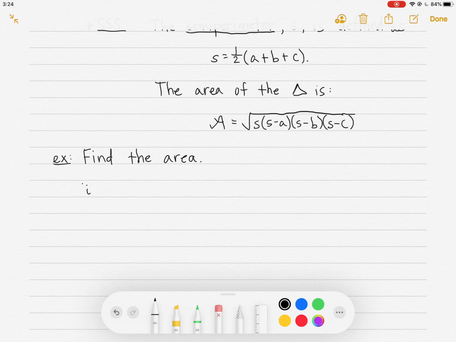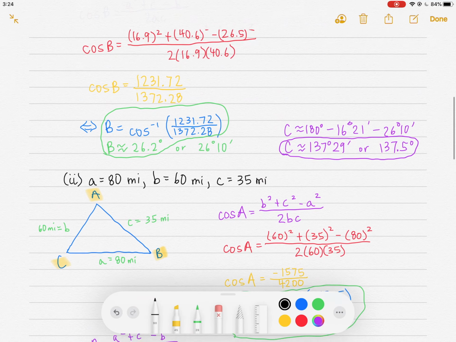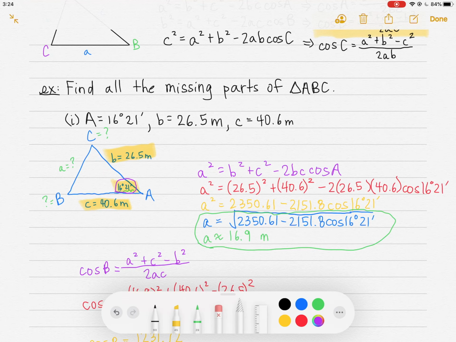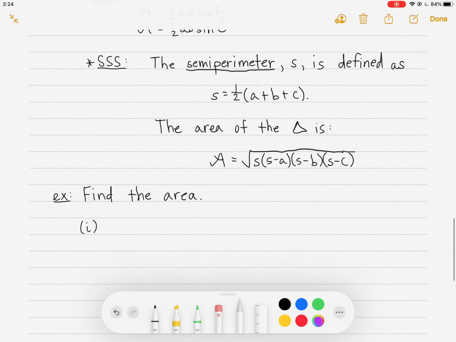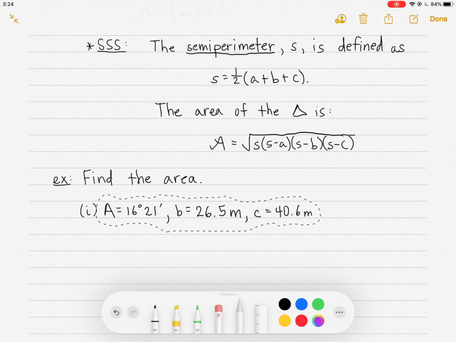Example number 1, I'm going to copy from above.